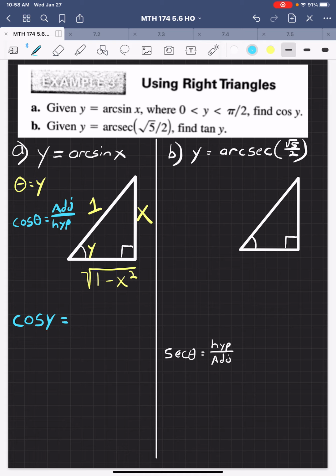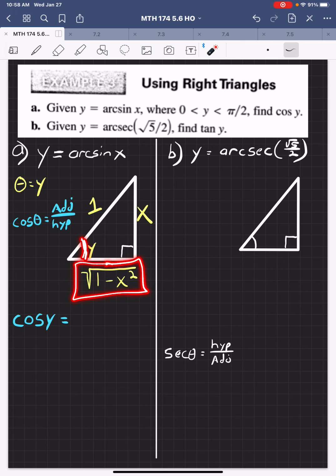All right. So this is fairly straightforward, right? If I just give you this right triangle and I ask you what is cosine of y, well, cosine of y is the adjacent. So if I'm here, what side is adjacent to me? Well, here.